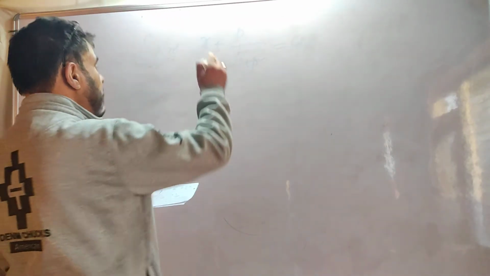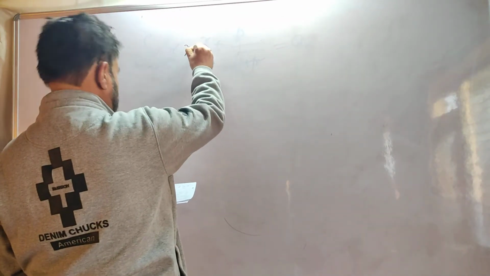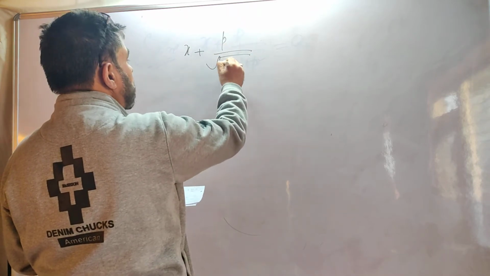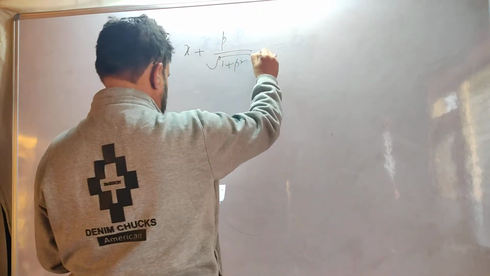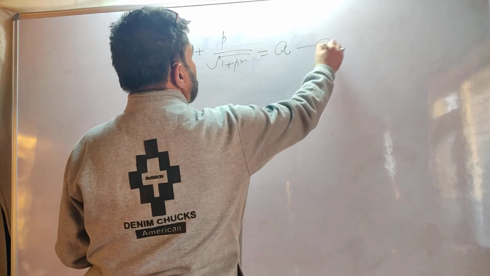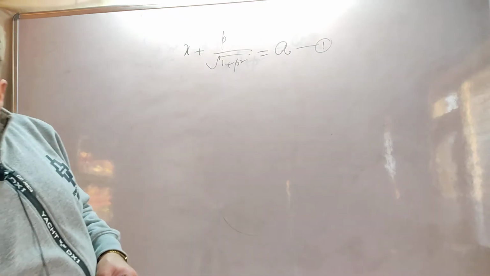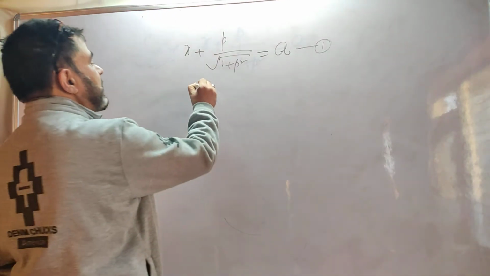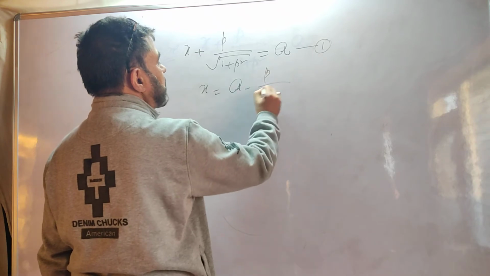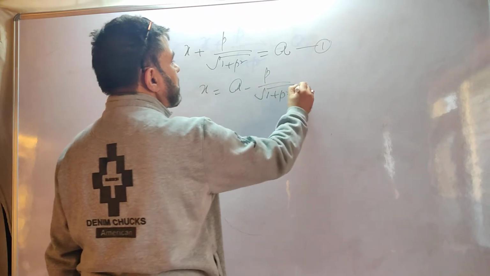Let me take one more example. So this question was x plus p by under root of 1 plus p square is equal to a. Name this first. This is x is equal to a minus p by under root of 1 plus p square.